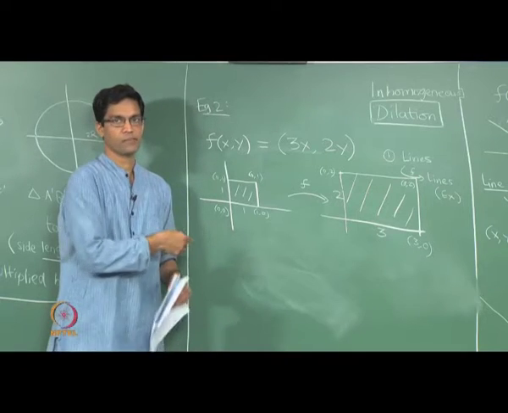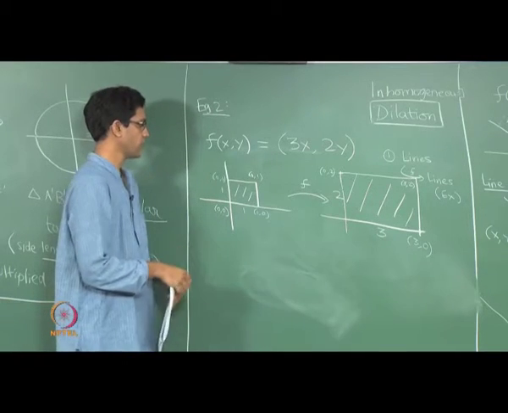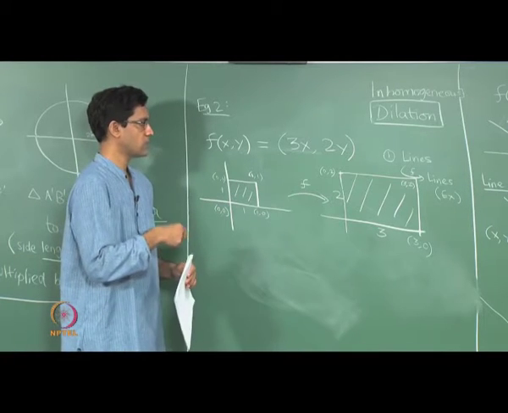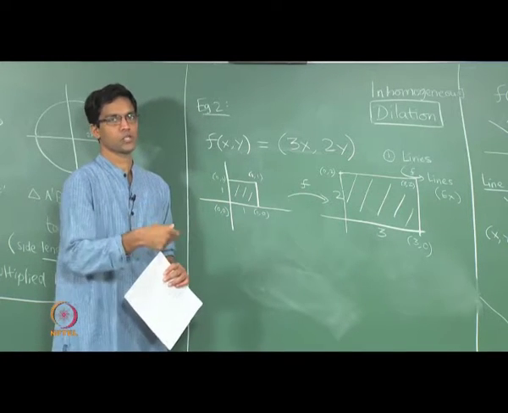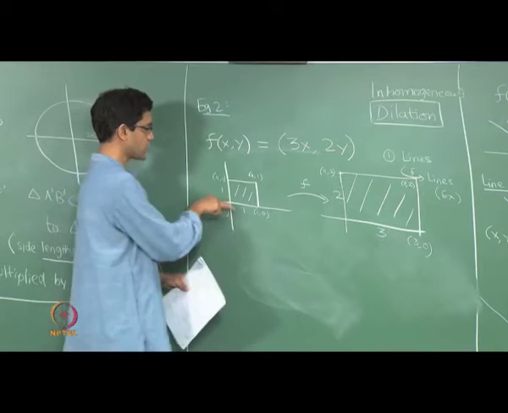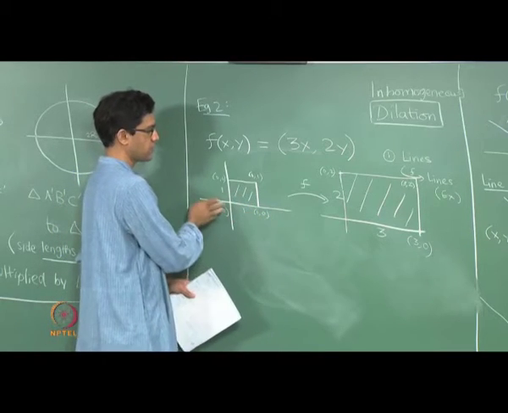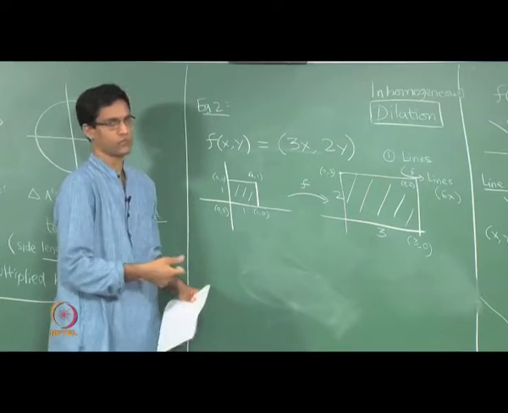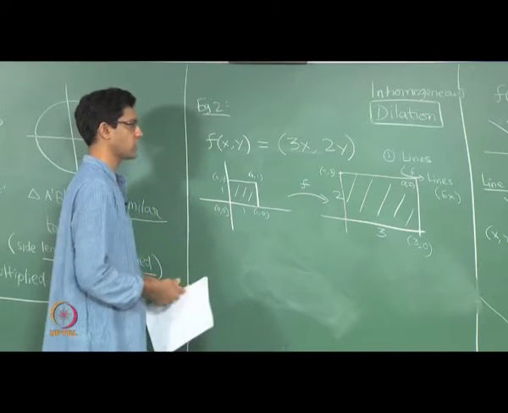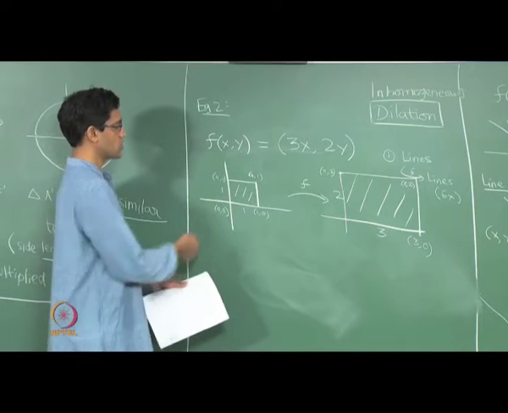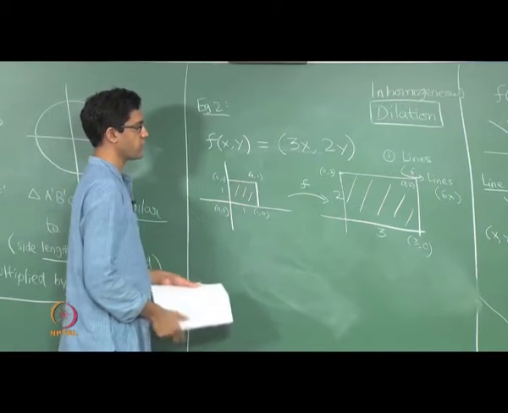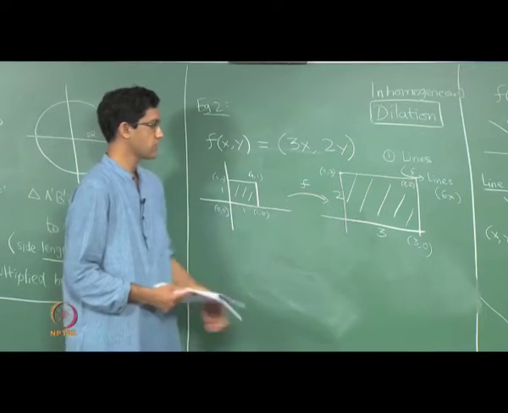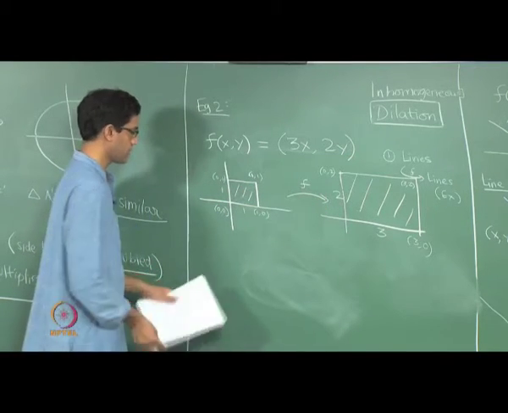So this is the reason why I am calling it an inhomogeneous dilation, meaning it is sort of like a dilation, but it is a dilation by different amounts along different directions. So the x axis suffers a dilation by a factor of 3, whereas the y axis is only stretched by a factor of 2. Okay, so the stretching factors are different along different directions, and of course, the shapes of the original figures are very much going to be distorted. So a square here, for instance, becomes a rectangle.